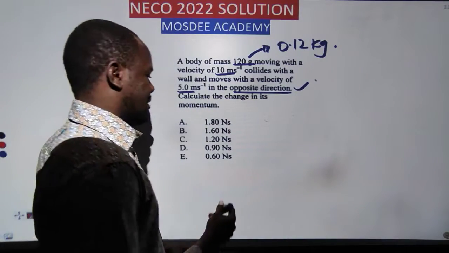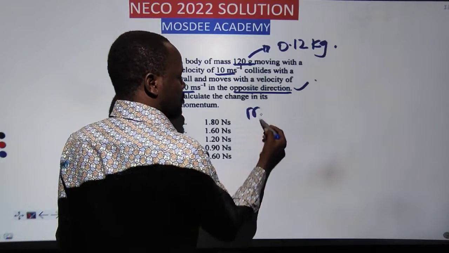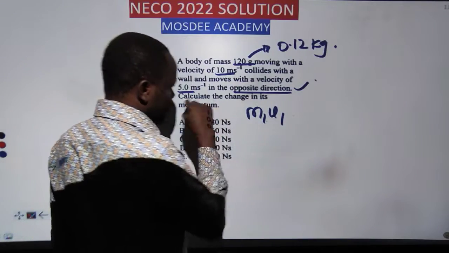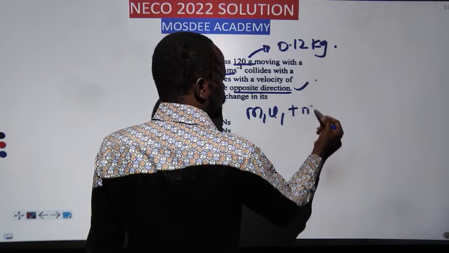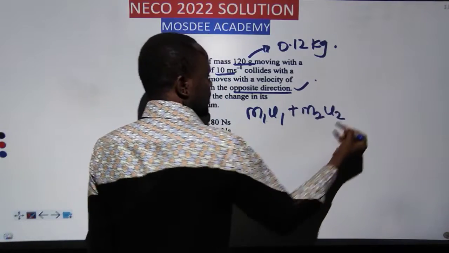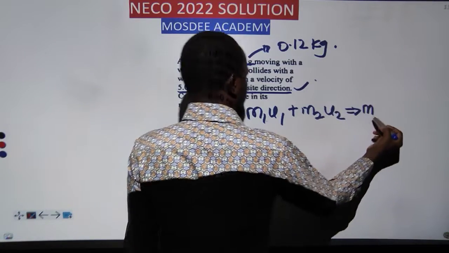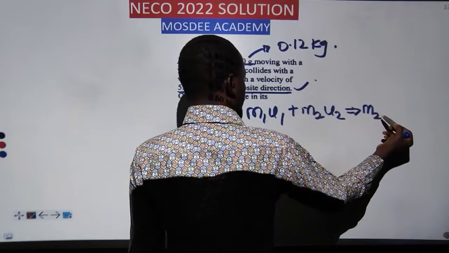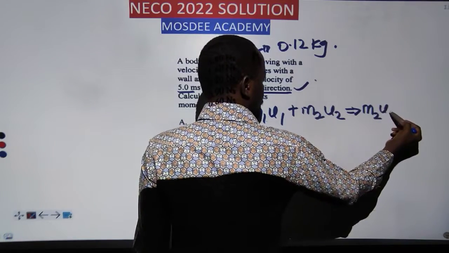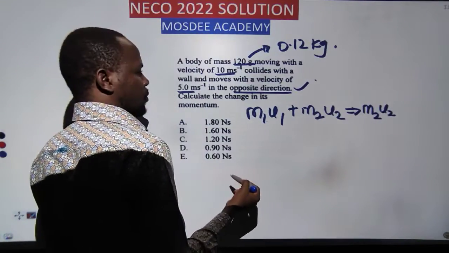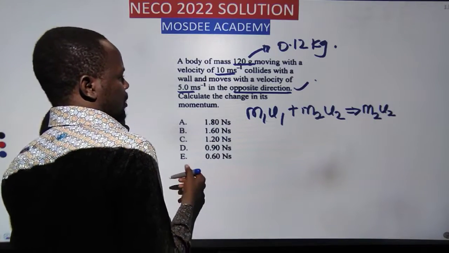We've done this one. I think this is more like conservation of momentum, M1U1 plus M2U2. Sorry, I'm using the formula-based approach because that is our way in my country. Are they moving in opposite direction? Okay.